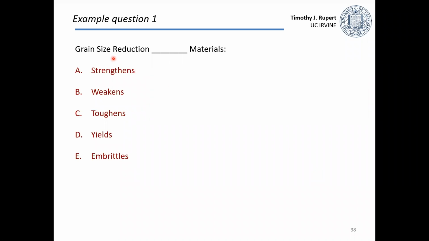So if my grain size gets smaller, I'm going to have more obstacles in my system. So that tells me that I'm going to strengthen my material. But I'm not trying to trick you. We have to think about whether any of these other ones are true. And we did learn that as our material gets stronger, it loses its ductility or it becomes more brittle. So actually, there would be two answers to this. It would be A and E.